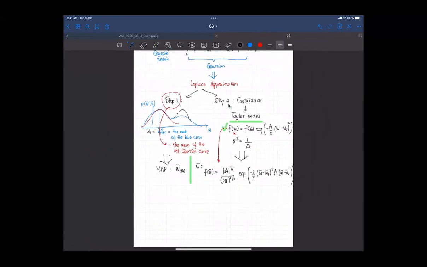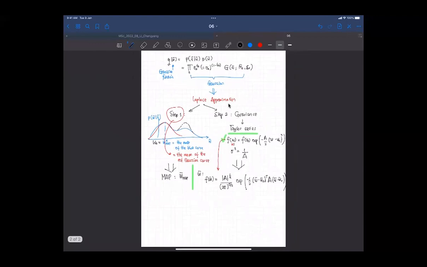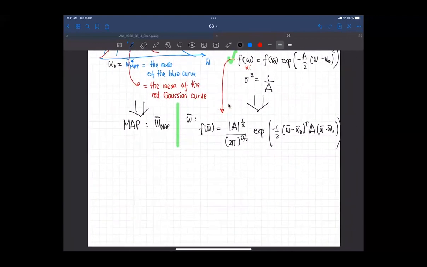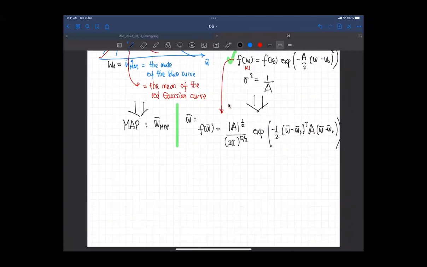Any questions so far? That last equation is for the multivariate function when you have W as a vector. So anyway, this is how the Laplace approximation has to be done. In our case, W_MAP is already clear. We can get this from the MAP technique.